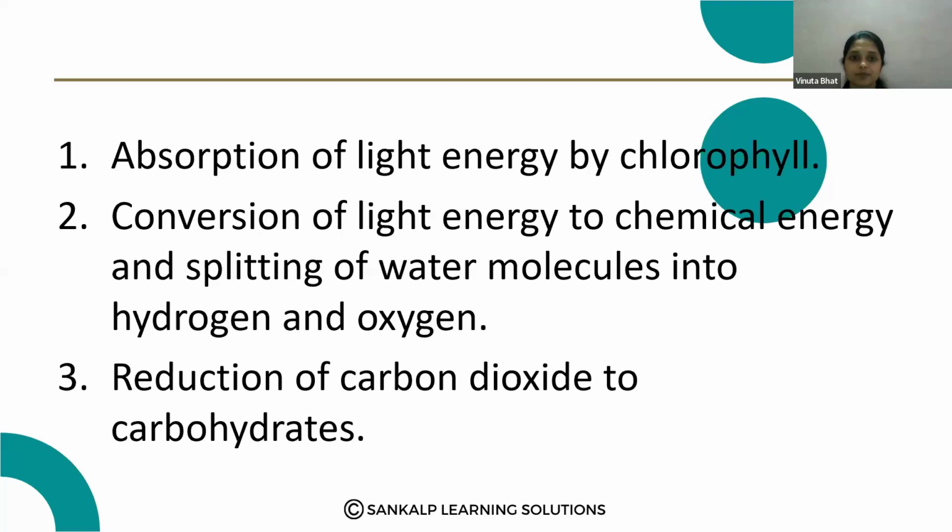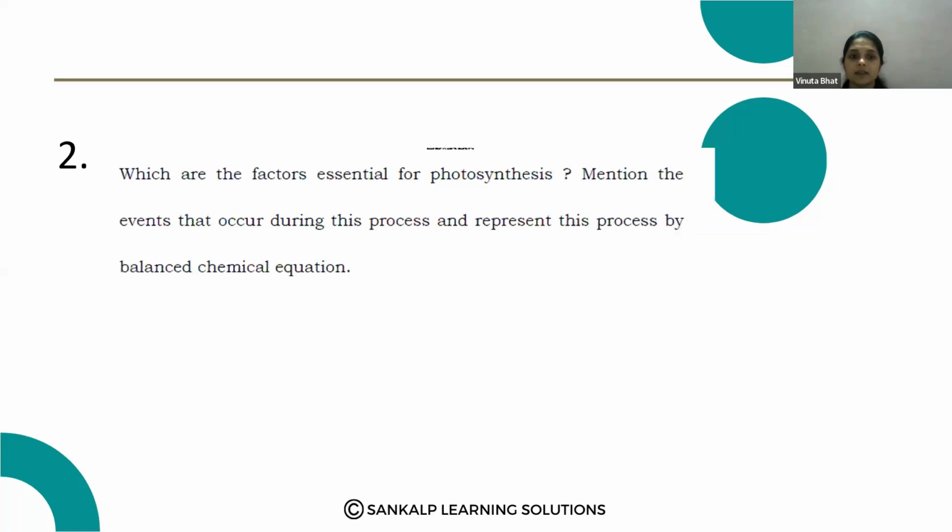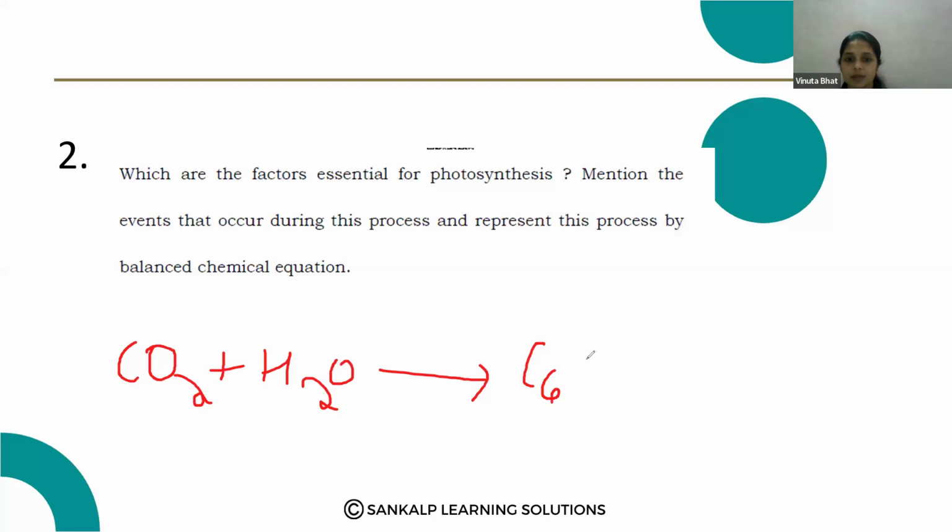Then here you have to represent this in a balanced chemical equation. CO2 plus H2O gives C6H12O6 plus H2O plus O2.